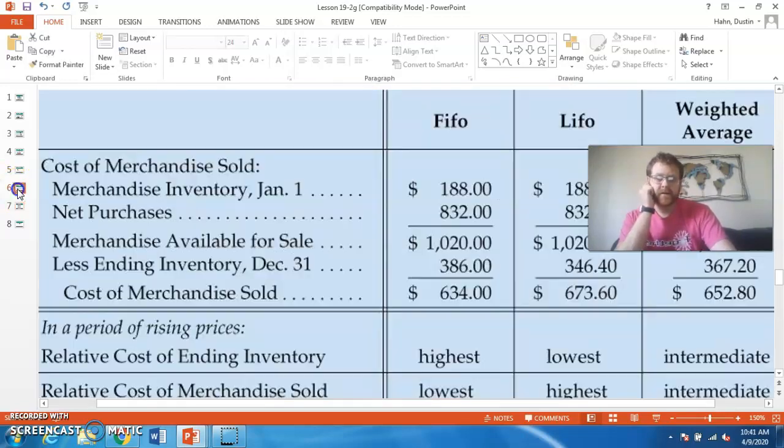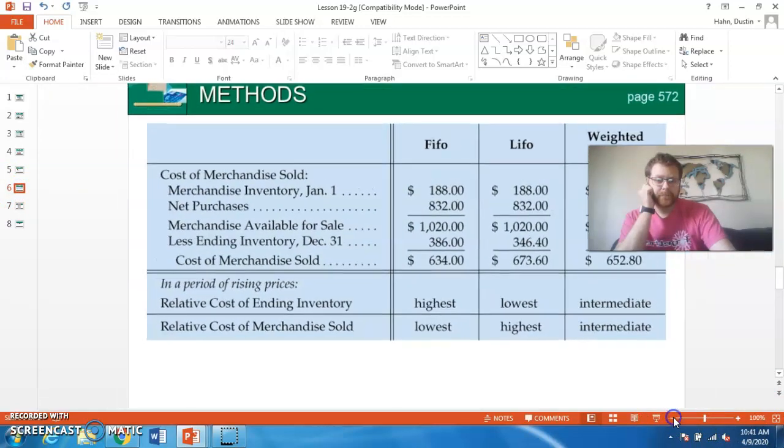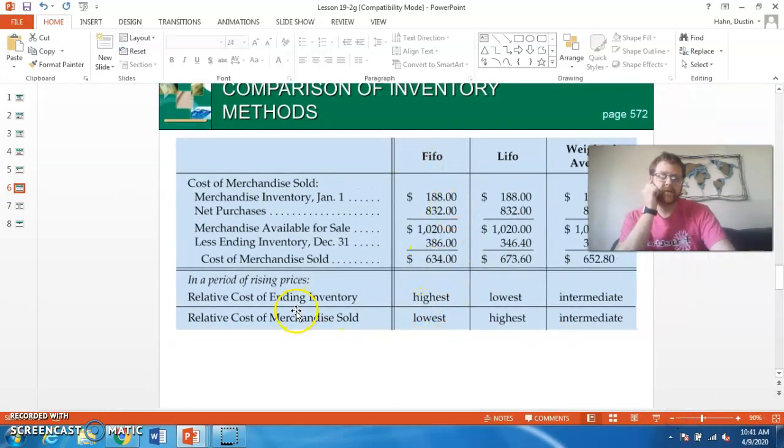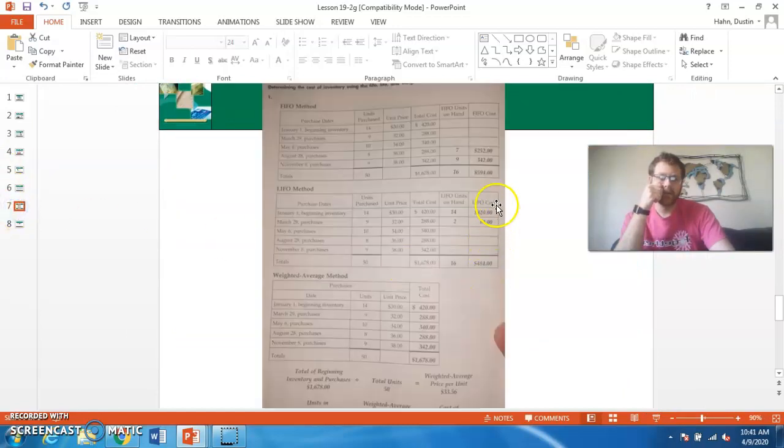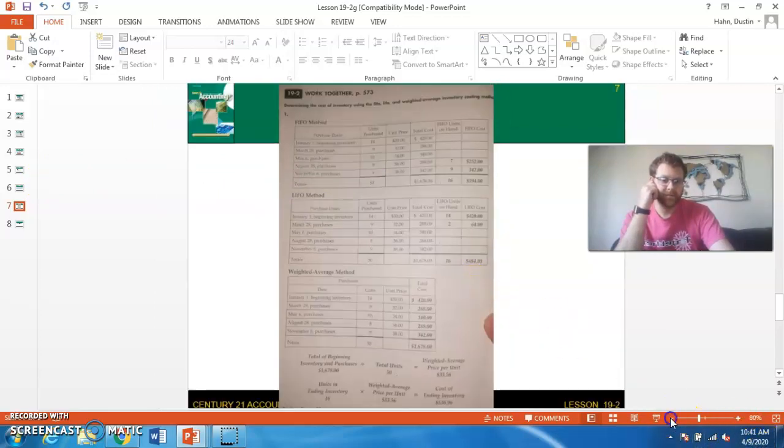If you go back to comparisons, it shows FIFO should be, if you look at your ending inventory, your highest. Right there is your 594. That is your highest. It says LIFO will be your lowest, which 484 is your lowest.